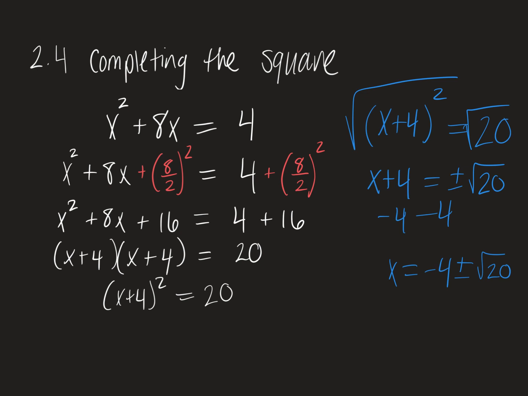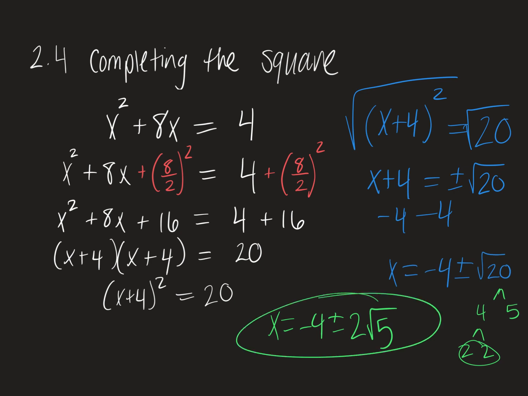If you can evenly take the square root, yes. Are we going to simplify that square root? Yes. Okay, so factors of 20. 4 and 5. So then you get 2 on the outside and 5 on the inside. So x equals negative 4 plus or minus 2 square root of 5. That's your answer. So this is another one of those, like the quadratic formula, that will always work.